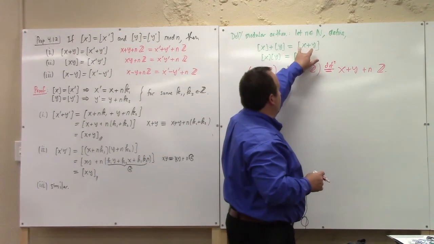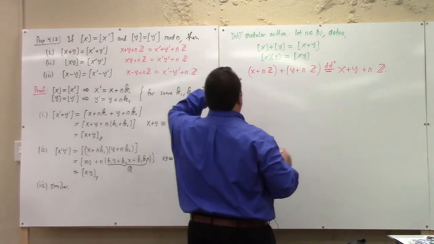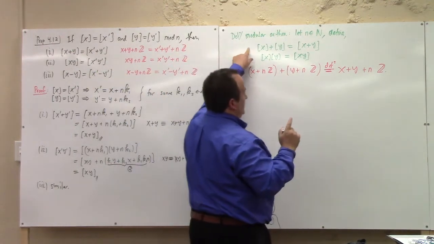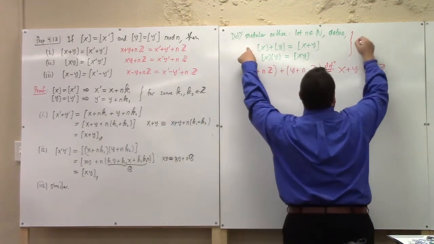We'd get a different outcome for different representatives. And so, in other words, proposition 4.12 shows that these definitions are well defined. So that's all I'm getting at.